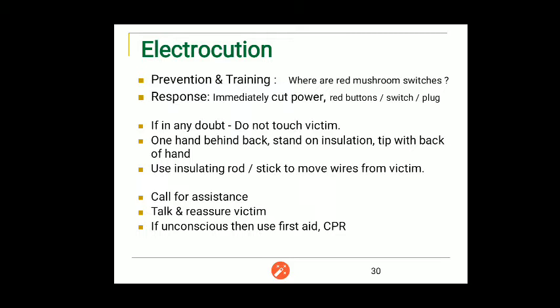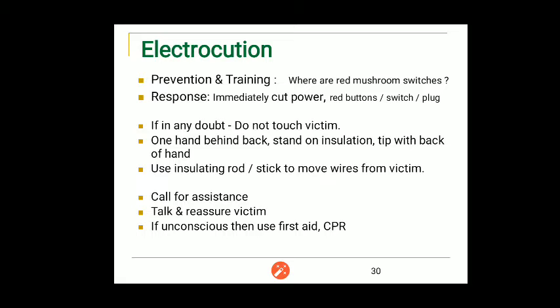In any situation, do not touch the victim when a fault occurs and the current path continues to flow from one hand to the other, so avoid touching the victim. Keep one hand behind your back, and stand on insulation. Touch with the back of the hand.